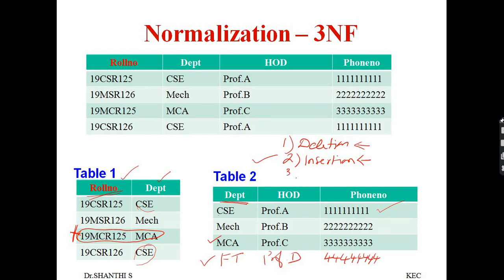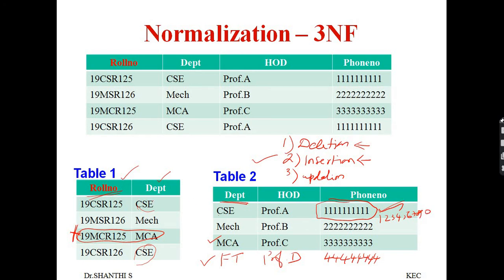Third one is updation anomaly. Here we want to update the phone number of the head of the department of CSE. In this table the phone number exists only once. So if you update that phone number, all will get the updated copy. For example, here we are updating it as 1, 2, 3, 4, 5, 6, 7, 8, 9, 0.